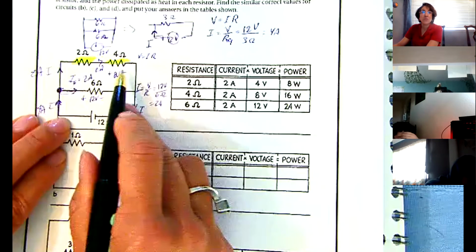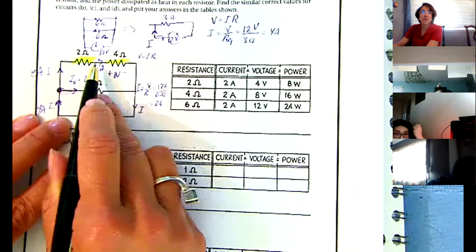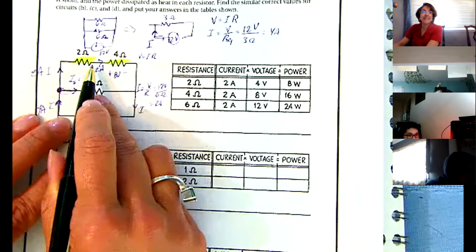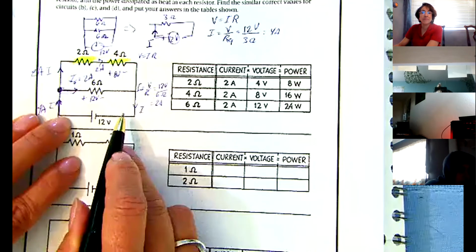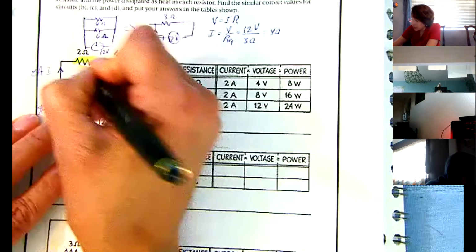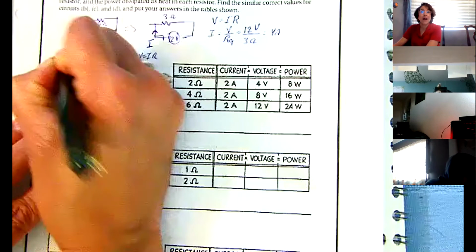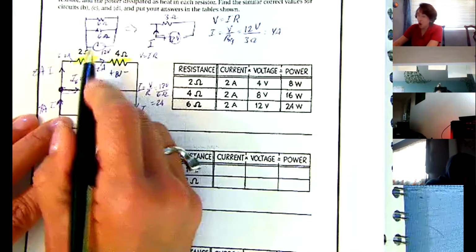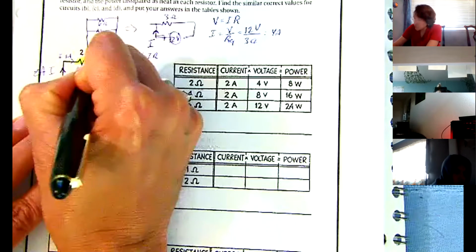If 8 was dropped across this resistor, how much is across this 2 ohm resistor? Remember, I got 12 total. Well, you can do it the same way if you don't see it. I know that I got 2 amps going in, and V is IR. 2 amps times 2 ohms is 4 volts.